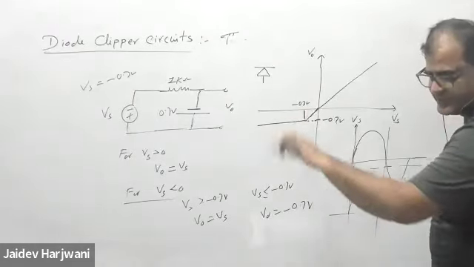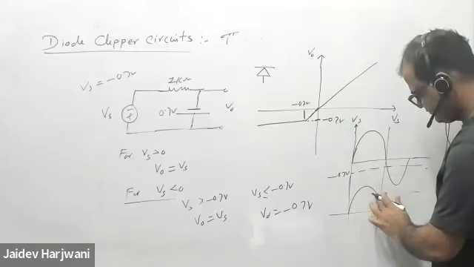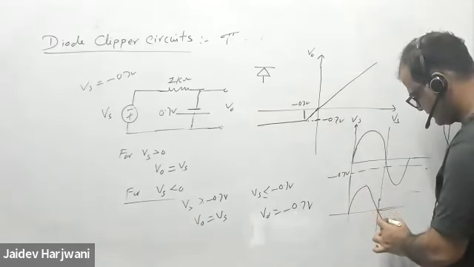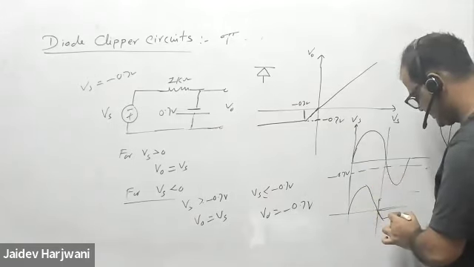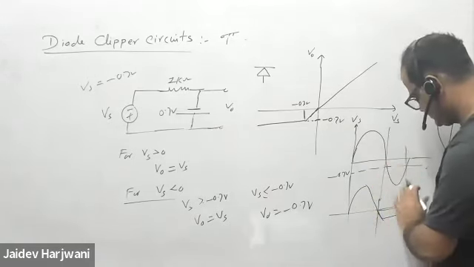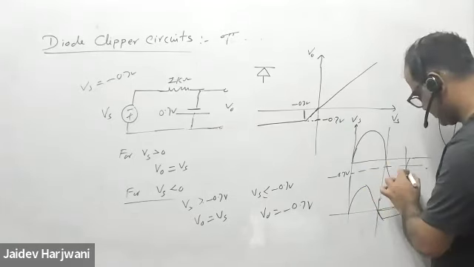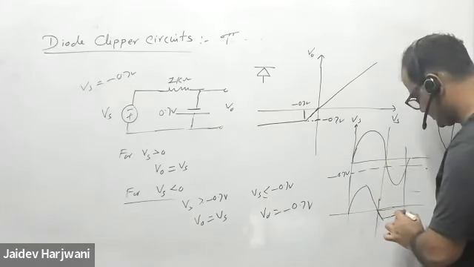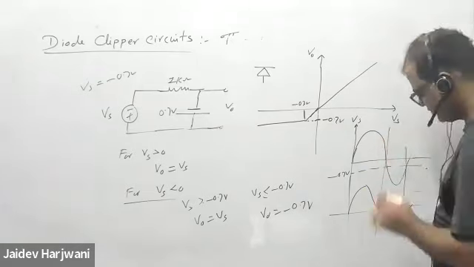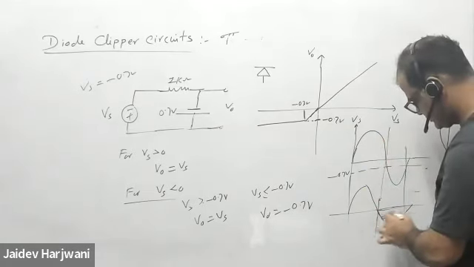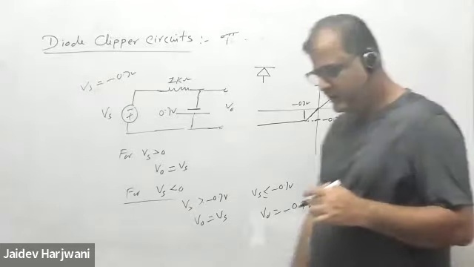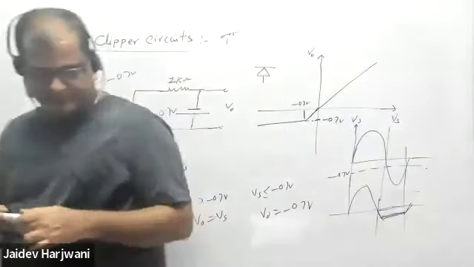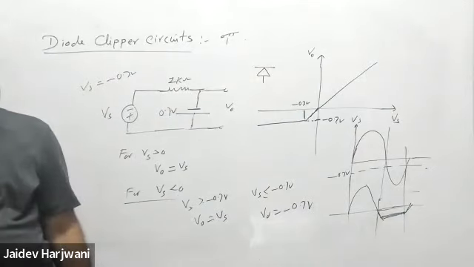Because in the negative cycle it has to be on. So this will be the same up to here, and then it will be fixed, and then again it will be the same, and then it will come down. Exactly opposite of what we did earlier. Is it clear? Clear, sir. Okay.